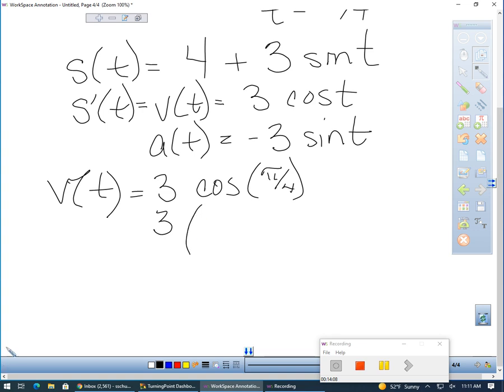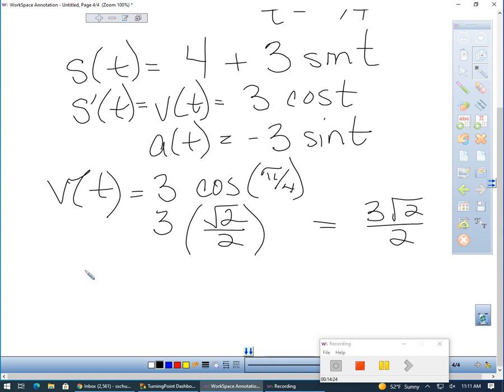And what is cosine at pi over 4? Think of your wonderful unit circles. Yes, root 2 over 2. So this is just 3 root 2 over 2. But remember that part of the AP test is no calculator.